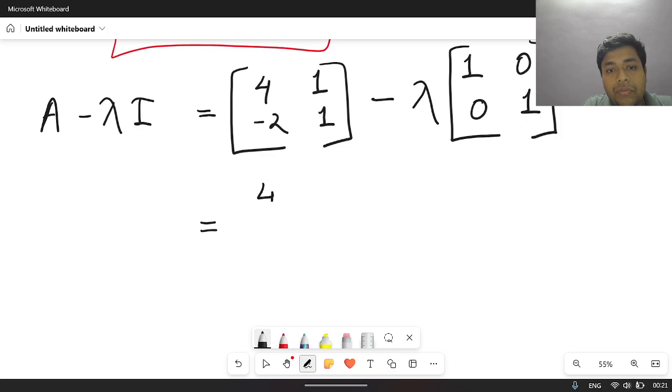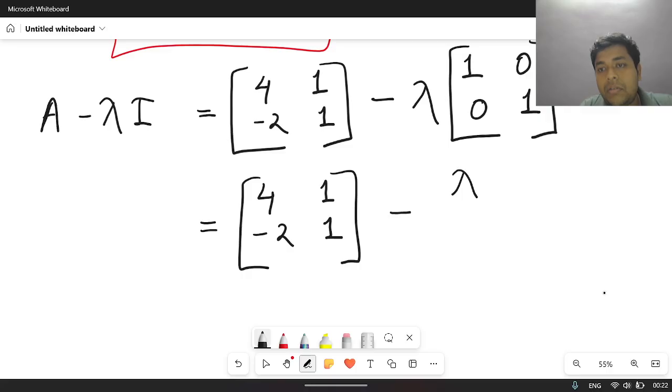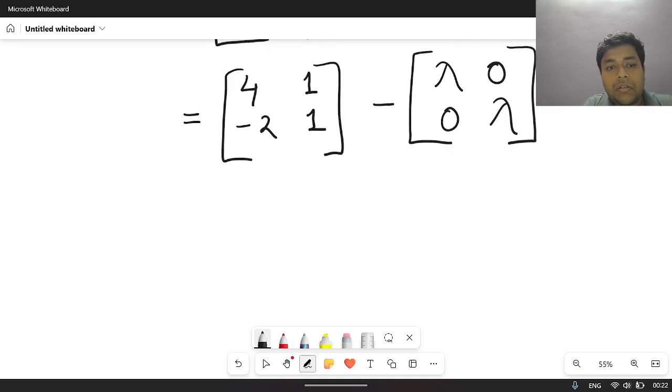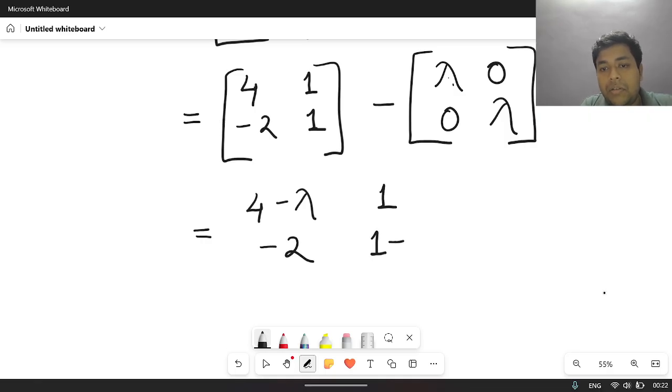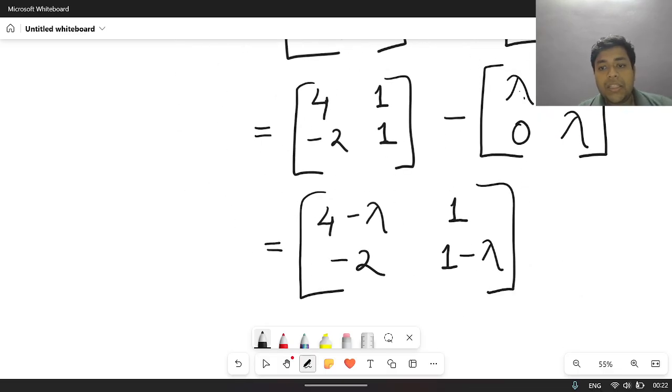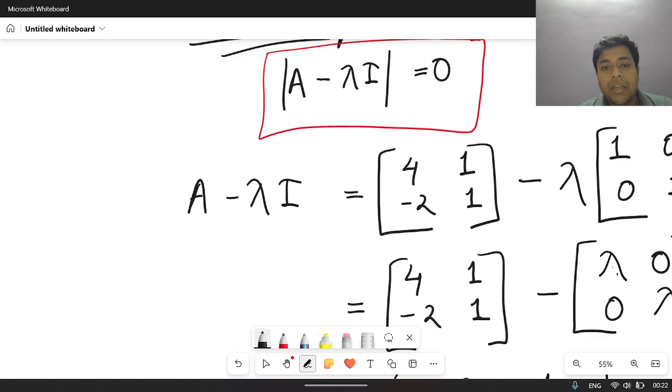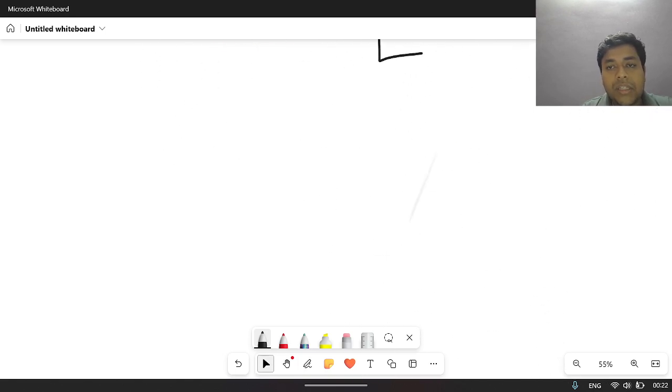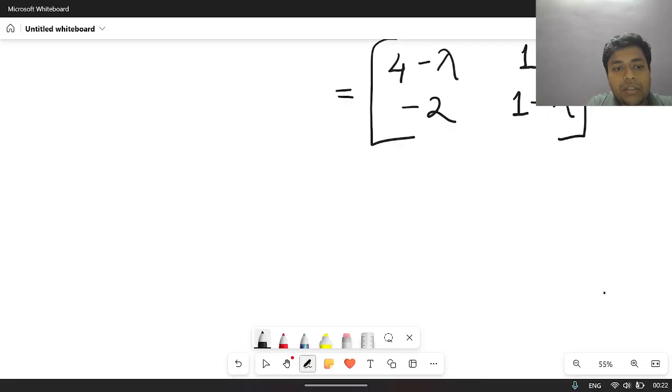Now 4, 1, -2, 1 minus lambda, 0, 0, lambda. You know the subtraction rule. 4 minus lambda, 1, -2, 1 minus lambda. Okay. Now this is your A minus lambda I. Now the determinant of this is 0. So let us take out its determinant.